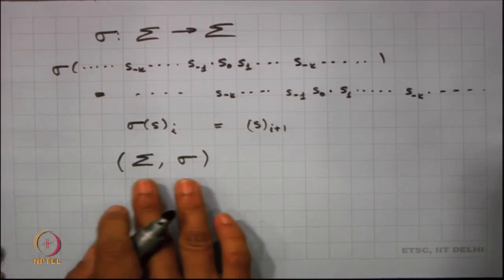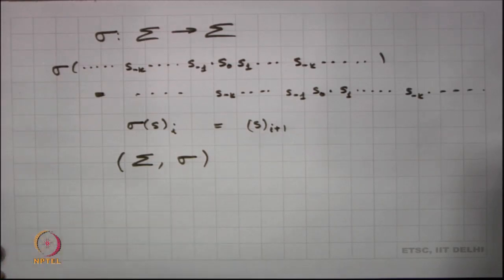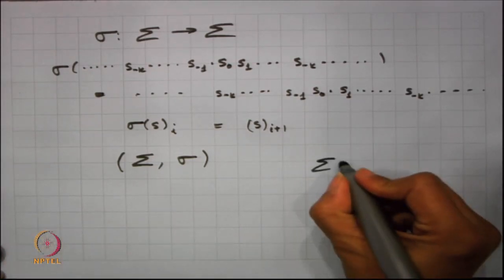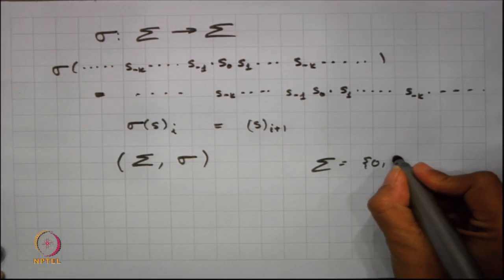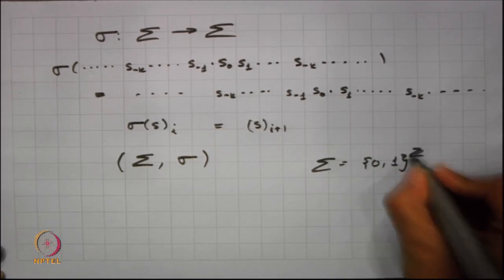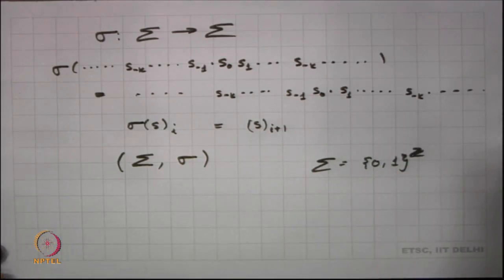We shall now look into the dynamics of this system, sigma on sigma. What dynamics can we observe? Since sigma is just the set of infinite sequences comprising 0 and 1, we can think of many sequences.